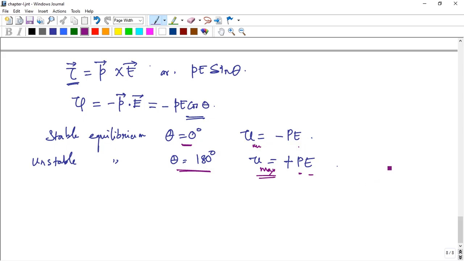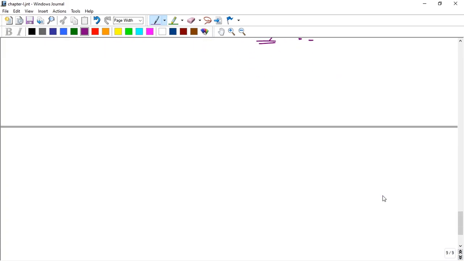Now, next, the electric flux concept. The electric flux, phi E, is the number of electric field lines passing normally through a given area.